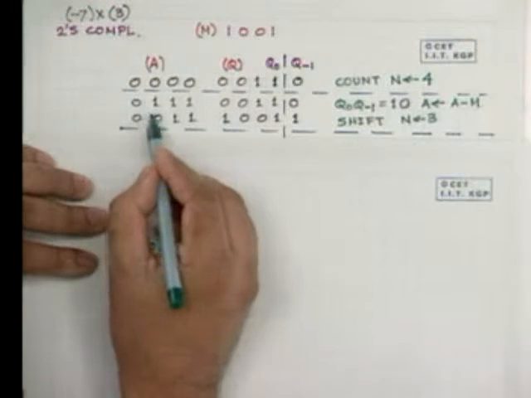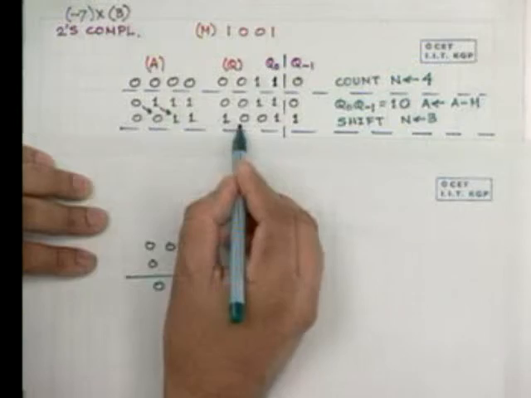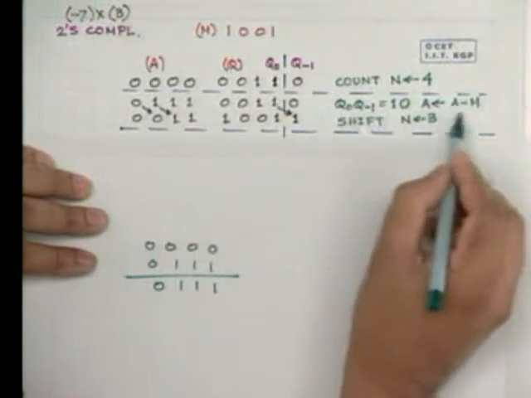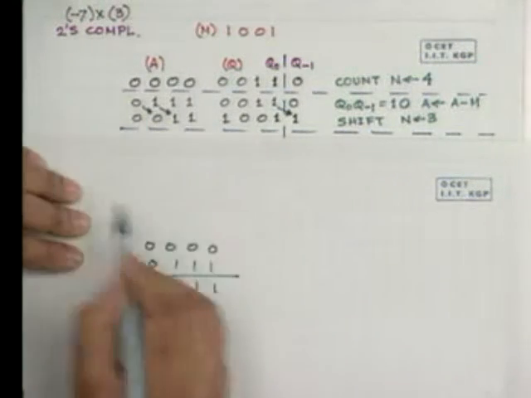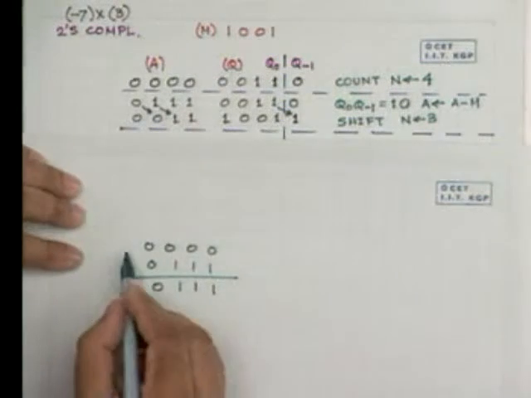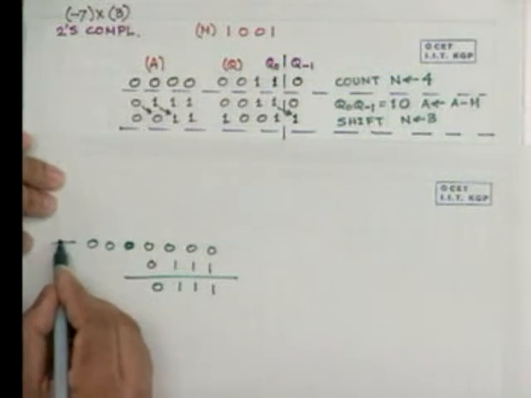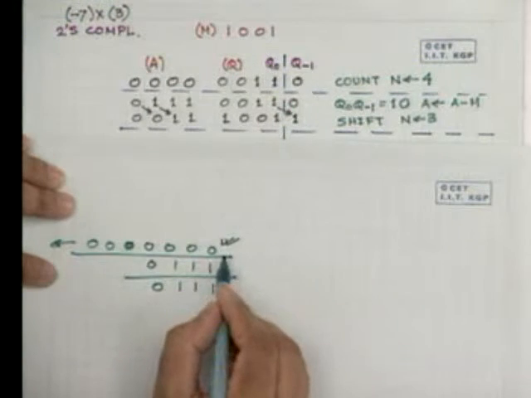After doing that, we shift and reduce the count. Shifting, you see that 0 comes here, that 1 comes here, and so on. The entire thing is shifted out. This one comes over to here. This is an arithmetic shift, which means the sign bit has been replicated here. As I have said already, if I propagate the sign bit towards the left, the representation of the number doesn't change.